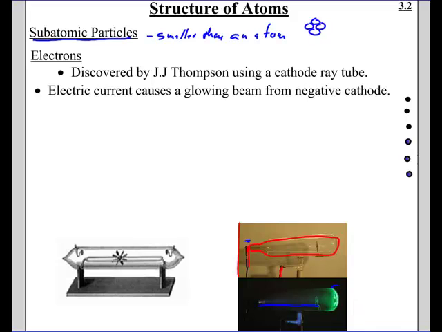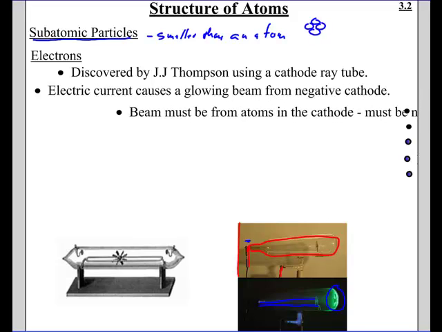And then they've got some phosphorescence on the screen here that gives a little light. But the beam was flowing from the negative end. So now Thomson has figured, well, there's no air in there, so somehow this negative beam must be coming from the cathode itself.